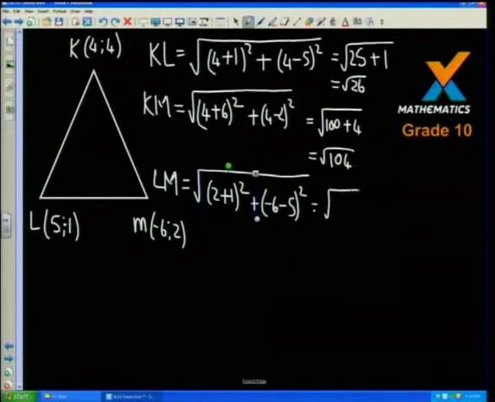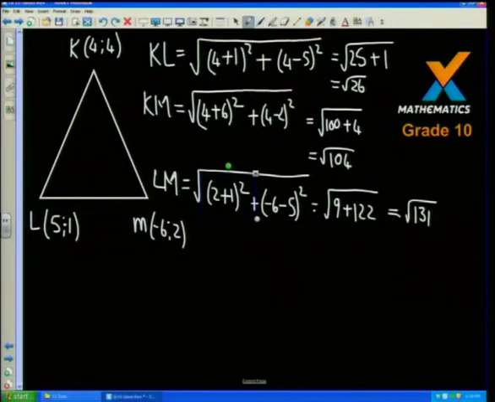It leaves me the square of 3 is 9, plus the square of 11 gives me, over here, 122. Okay, folks, now what do I get if I add those two together? 9 plus 122 is the square root of 131.